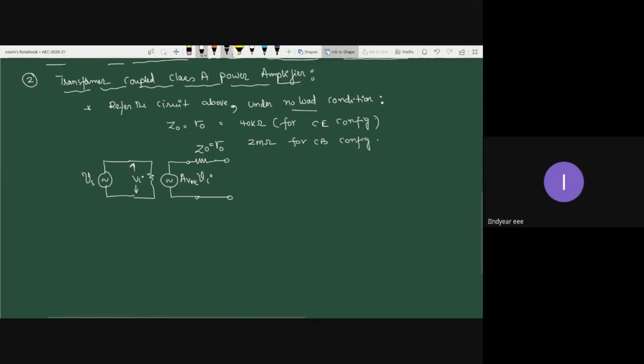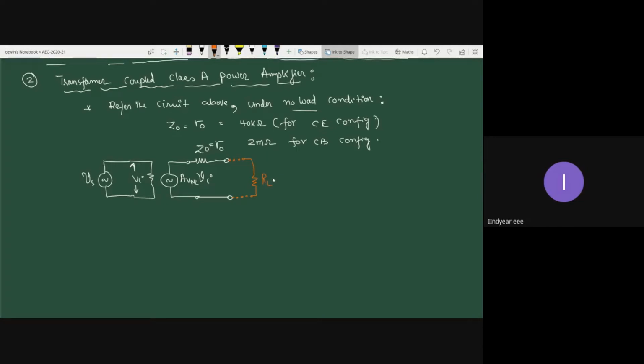Now let us connect the load. The load can be anything. Few headphones may have 8 ohm impedance, few 16 ohm, few 32 ohm. So this is your RF, and every user will keep changing it depending upon the headphone specification.